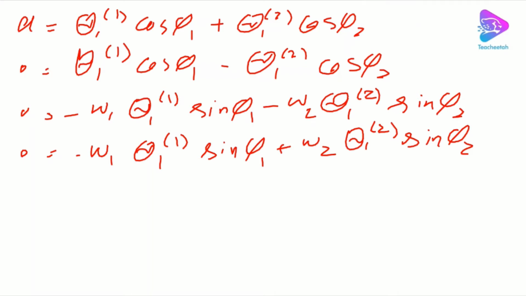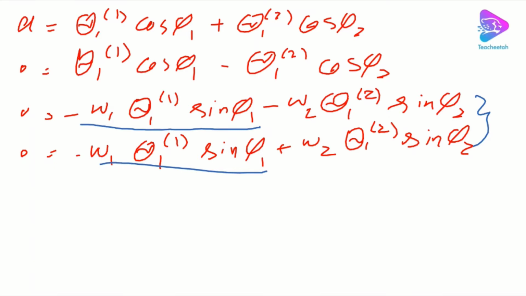So how can we find these 4 unknowns? Let's take a look at these 2 equations first. If I take, for example, this one and this one, and move to the left hand side, what would we get here?